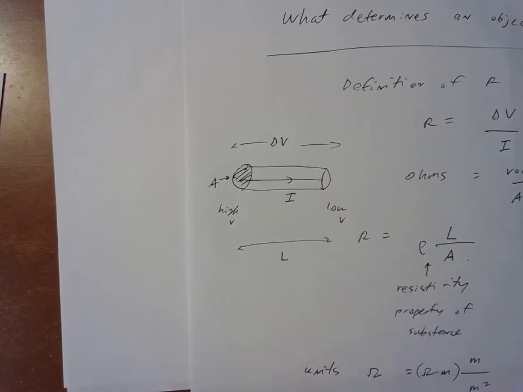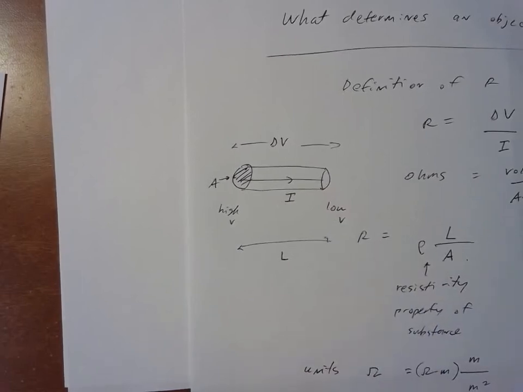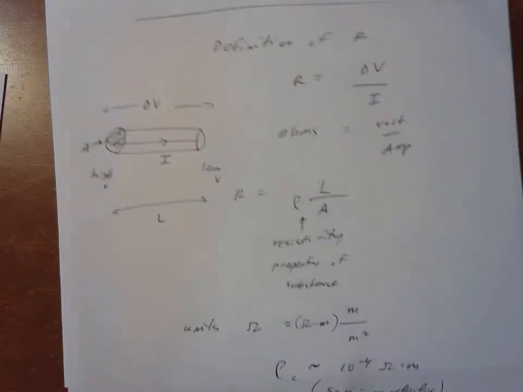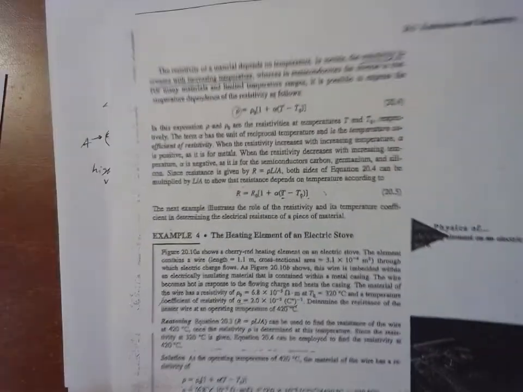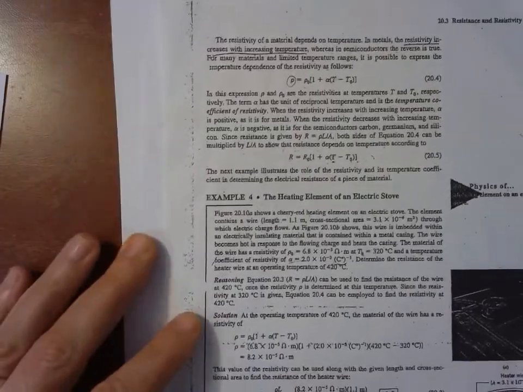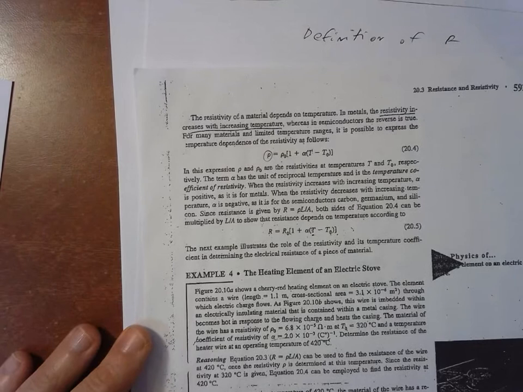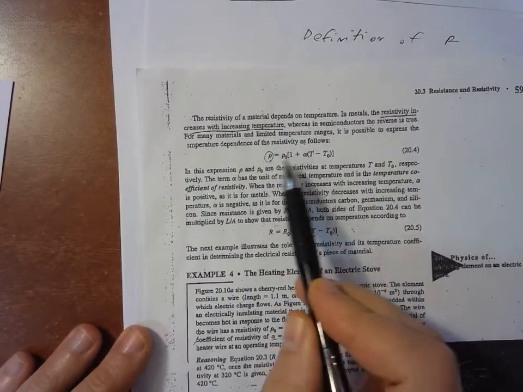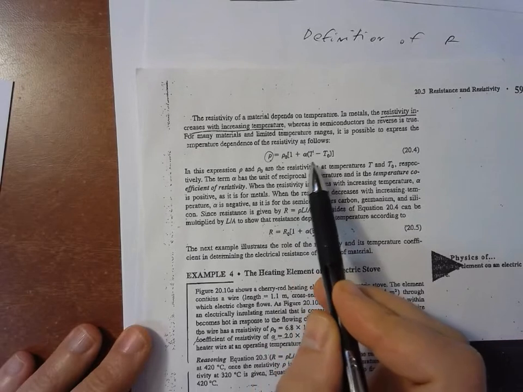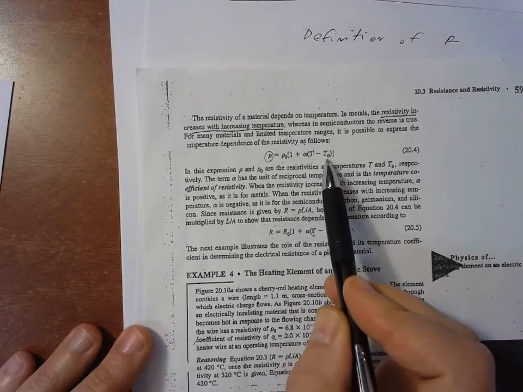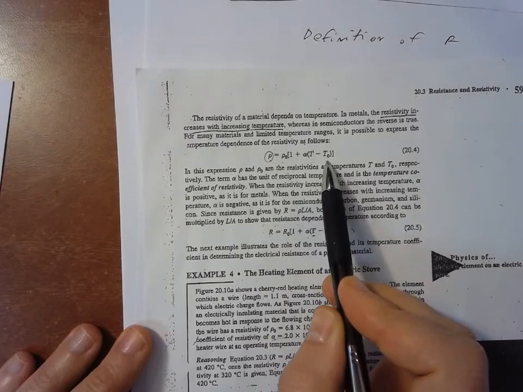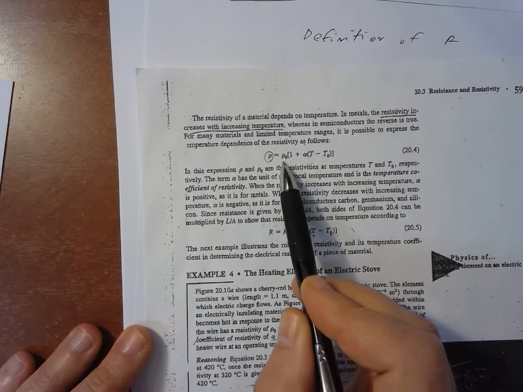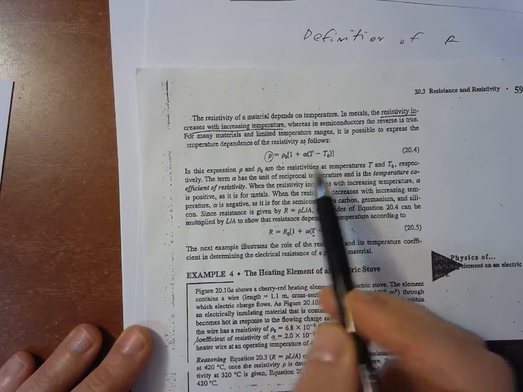So we would expect, for metals anyways, that higher temperature leads to higher resistance, and that was in another page that you should have read. You can see that the resistivity has a linear relationship to temperature, and so T0 would be some reference temperature like room temperature, and rho 0 would be the resistivity at that reference temperature.